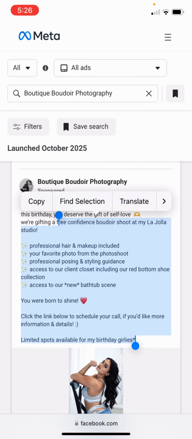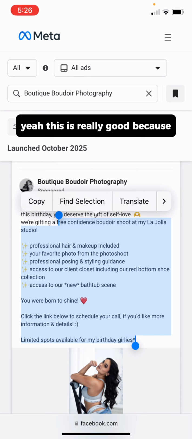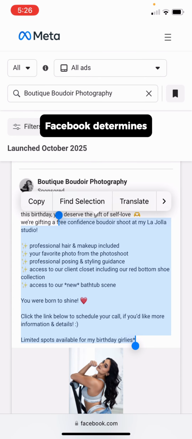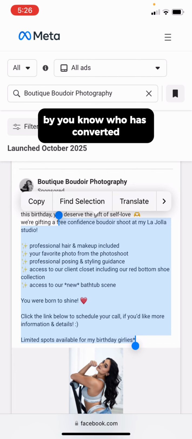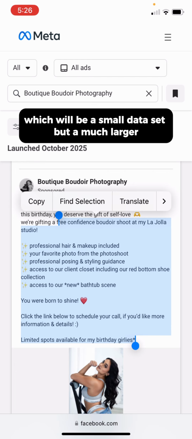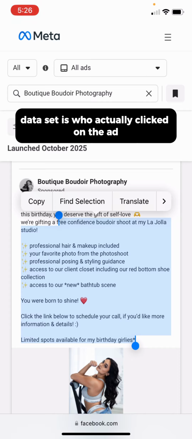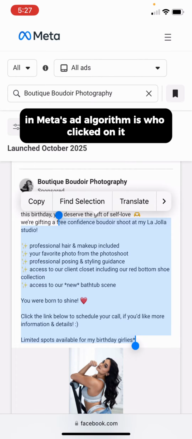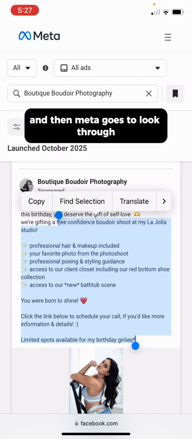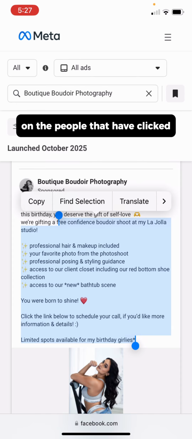So yeah, this is really good because Facebook determines who to send our ad to by who has converted, which will be a small data set, but a much larger data set is who actually clicked on the ad. And that has weighting in Meta's ad algorithm. Meta goes to look through, hey, what are the data points on the people that have clicked?